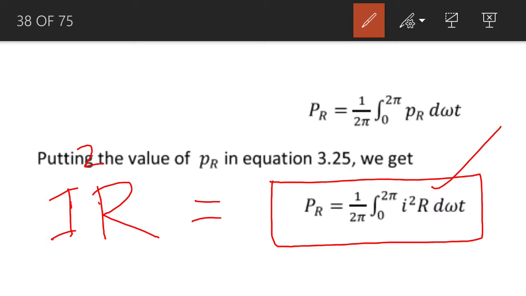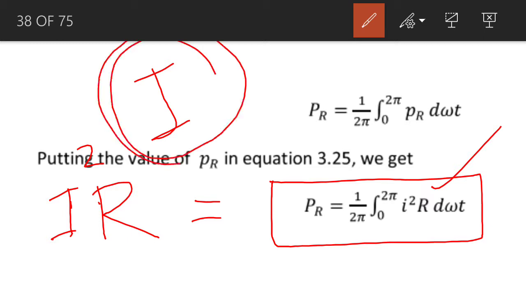So if the power taken by this resistor from the DC voltage source is equal to the average value of the power taken by this resistor from the AC voltage source, then under this particular condition, the RMS value of the AC current will be equal to this DC current. So if the DC power is equal to the average value of the AC power, then the effective value or the RMS value of the AC current will be equal to this DC current.